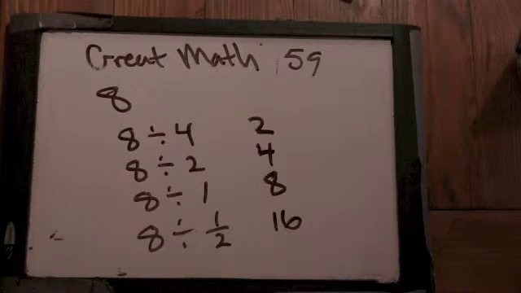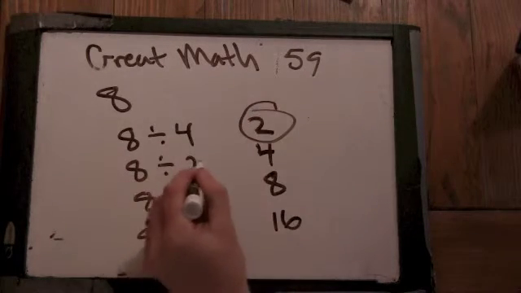What's another way of thinking about 8 divided by 4? Well, something times 4 is 8. Ah, very good. And what is that something? 2. How about 8 divided by 2 is 4?